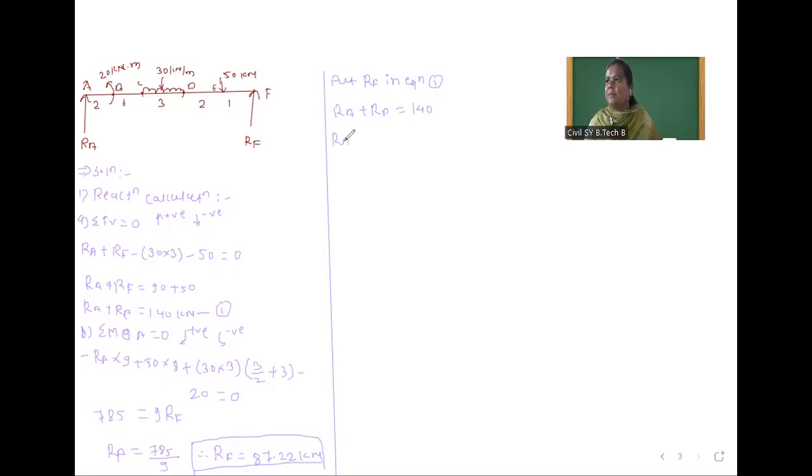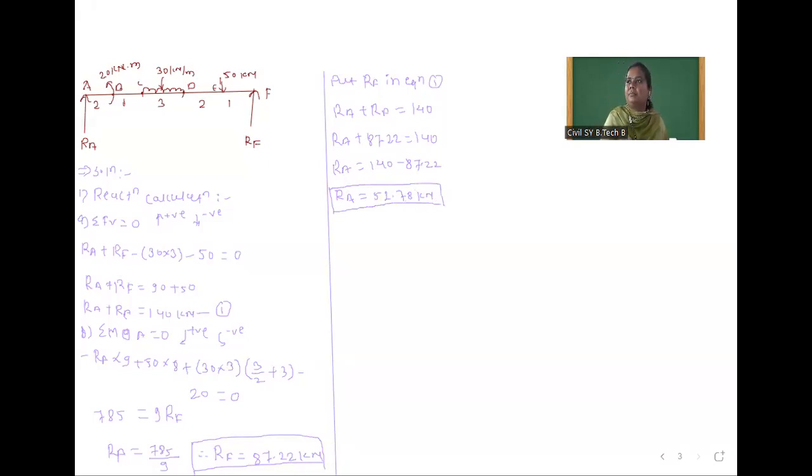So RA plus 87.22 is equal to 140. RA is equal to 140 minus 87.22. So automatically you get the answer RA equal to 52.78 kilonewton. Okay, so these are the reactions at A and F.